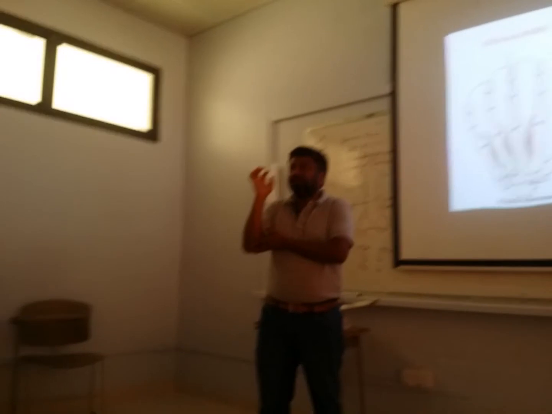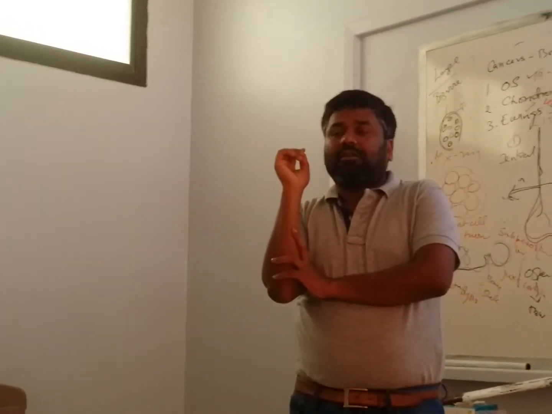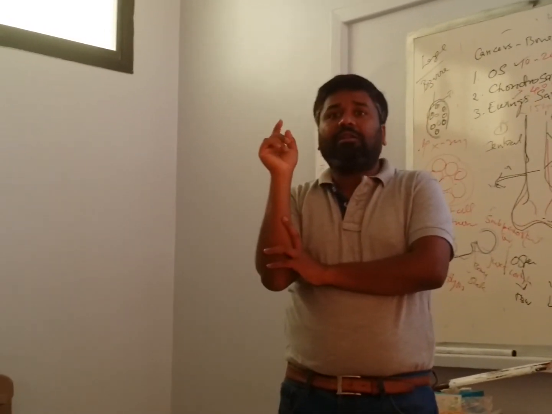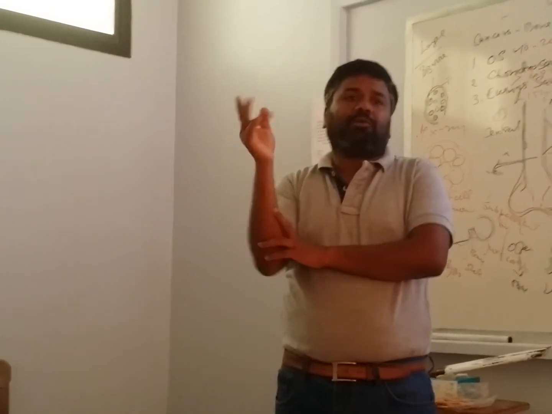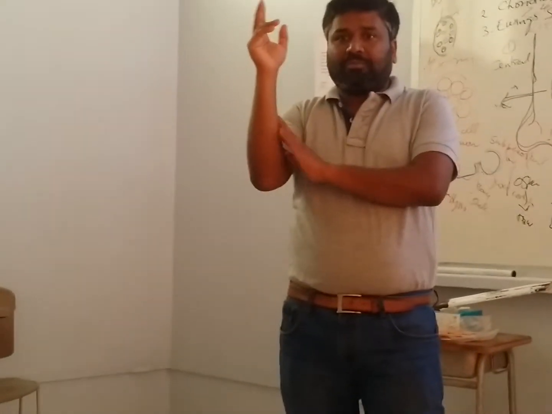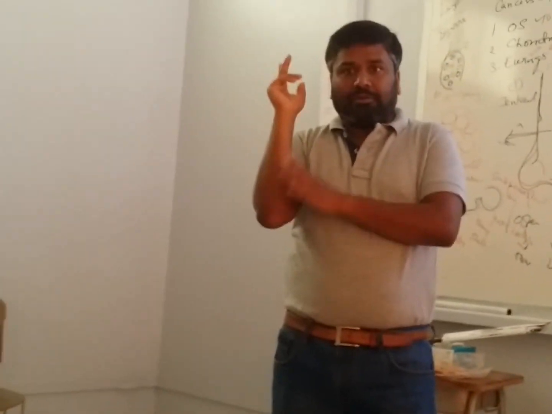Which muscles are supplied by ulnar in the forearm? Very good: flexor carpi ulnaris and the medial half of flexor digitorum profundus. Only these one and a half. The rest are supplied by the median nerve. So the main supply of the ulnar nerve is in the hand.